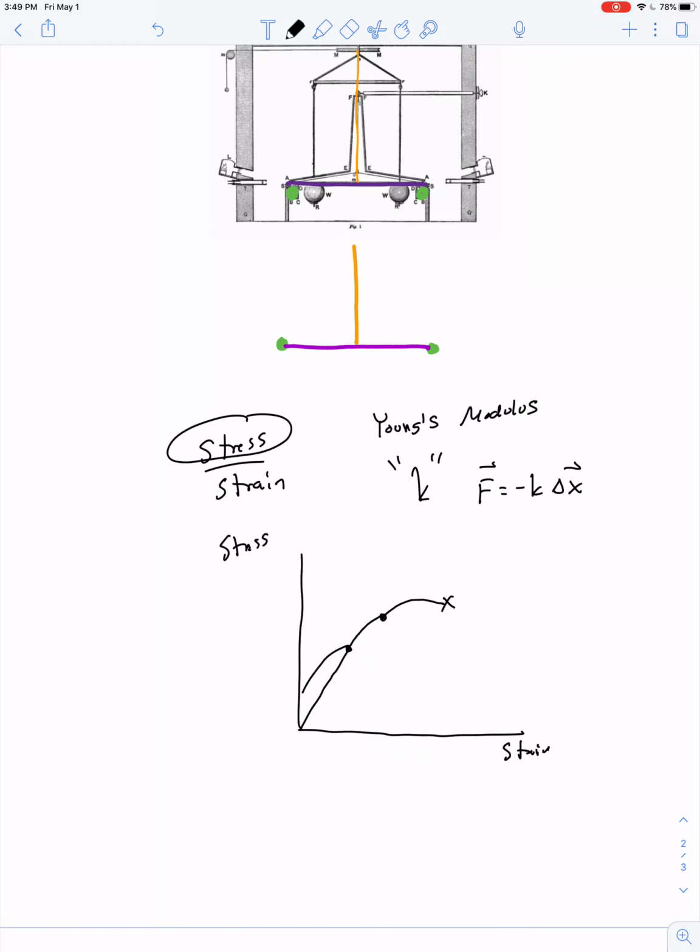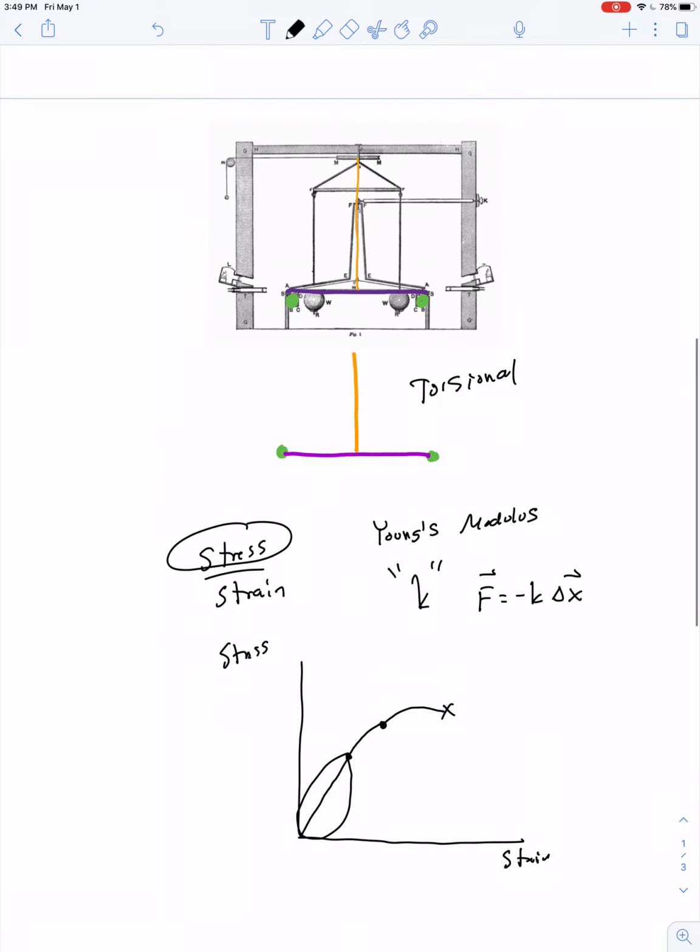So within the proportional limit, stress and strain are linear, and one type of stress is torsional stress. Which means, what if you tried to, well, let's draw this more three-dimensionally, right? Maybe the eyeball is looking down on it this way.